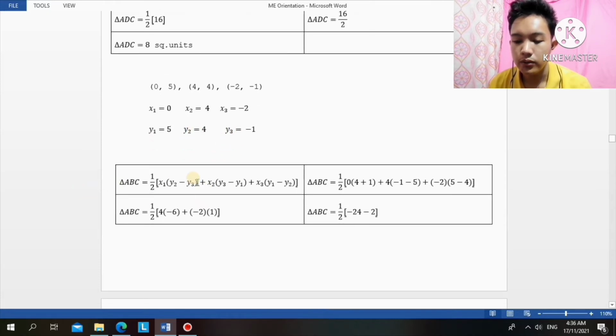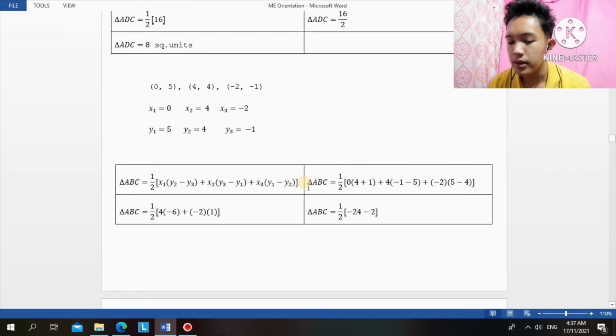So, again, our formula to get the area of a triangle is equal to 1 half times x sub 1 times y sub 2 minus y sub 3 plus x sub 2 times y sub 3 minus y sub 1 plus x sub 3 times y sub 1 minus y sub 2. So, let's substitute the value.